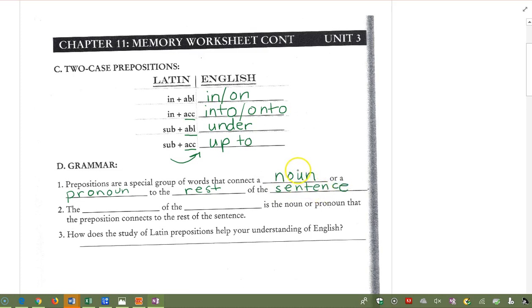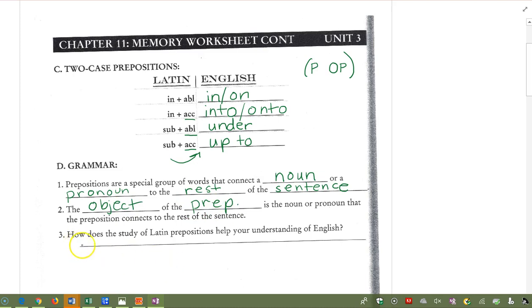So prepositions are hitting us in Latin now. The blank of the blank is the noun or pronoun the preposition connects to the rest of the sentence. That is, here's our P, that is the OP. P-O-P. And what is the OP? That is the object of the preposition.